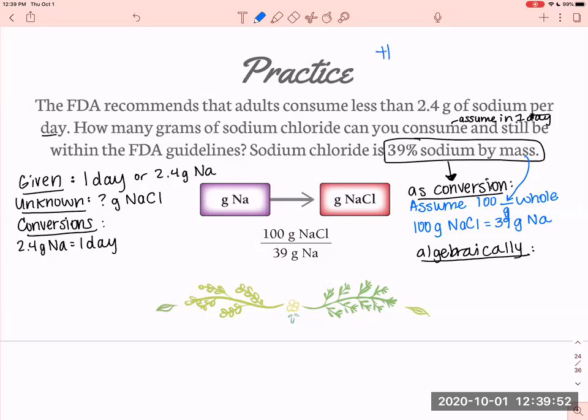So the number of the percent can be transformed into the number of whatever unit you're looking at of your part, equals 100 of whatever unit of your whole. So that's how we can convert any percent into a conversion factor and then use it from there.